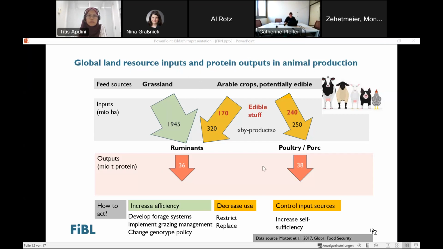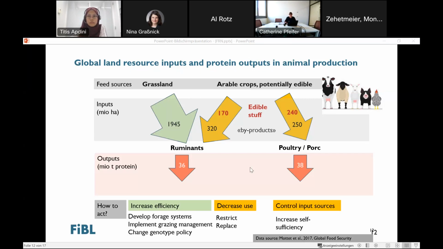We think that is really important, and so on the grassland you can improve efficiency, yes, and try to restrict poultry and pork when it's not fed on waste, and decrease the use of concentrates for ruminants. Well, then we stand there with all this grassland story, and we feel, oh, what shall we do with the grassland?